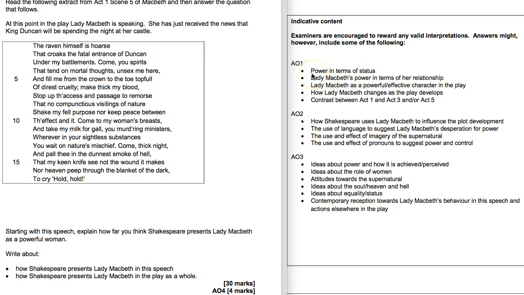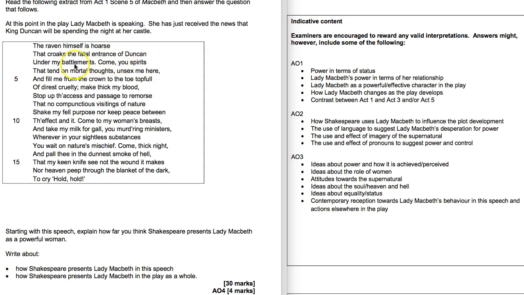So he thinks, or she thinks, I'm always doing that because I'm a bloke, sorry, she thinks that power should be linked to status, and then it should be linked to her relationship with Macbeth, and not to include here Shakespeare's view of whether women should or shouldn't have power. However, you want to include Shakespeare's viewpoint because you want your answer to be conceptualized.